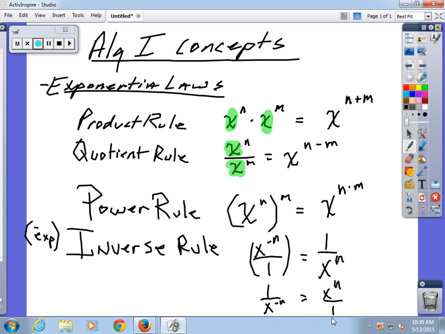You don't need to use it, but in our culture, a lot of other cultures, they don't care if it's a negative exponent. So in the Asian cultures, negative exponent ain't no big deal to them. All right, but with us in the U.S., we like to have a positive exponent. So we manipulate the problem to give us a positive exponent.